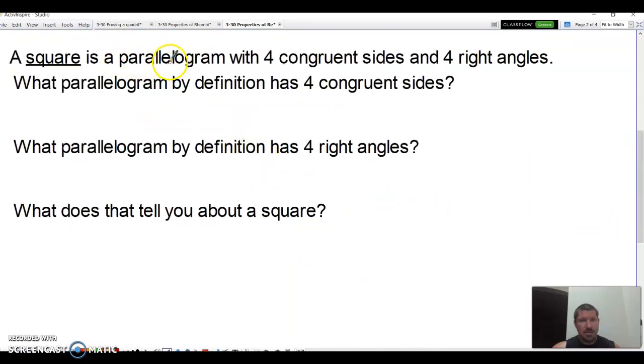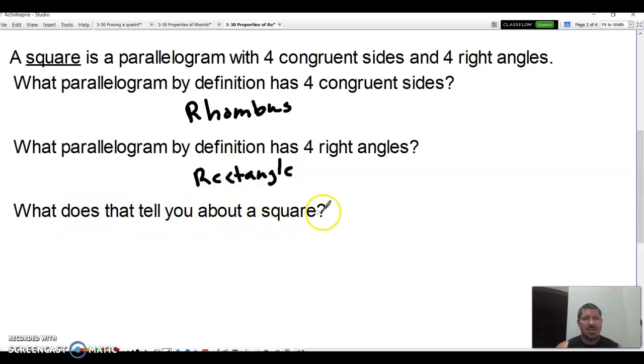Alright, so a square. A square is a parallelogram with 4 congruent sides and 4 right angles. So this is why I said things were going to be very important with the other 2 definitions. So what parallelogram by definition has 4 congruent sides? Well, that's a rhombus. And what parallelogram by definition has 4 right angles? Well, that's a rectangle.